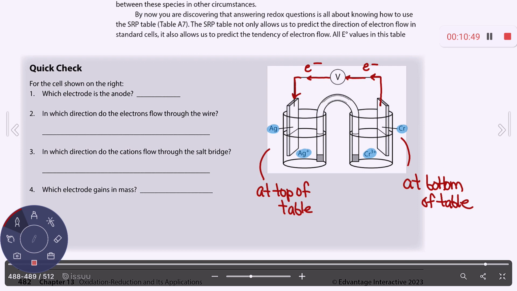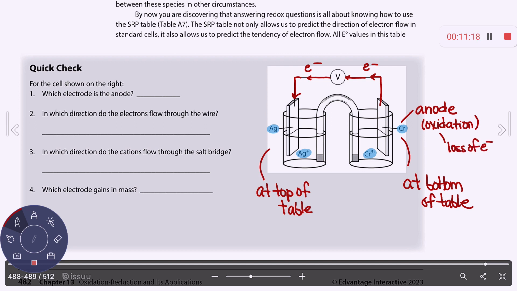Okay, and then which electrode is the anode? How do you know that? What's the definition for an anode on the previous page? What does it say? Where oxidation occurs? Okay, so the anode is where oxidation occurs. Oxidation is loss of electrons, right?